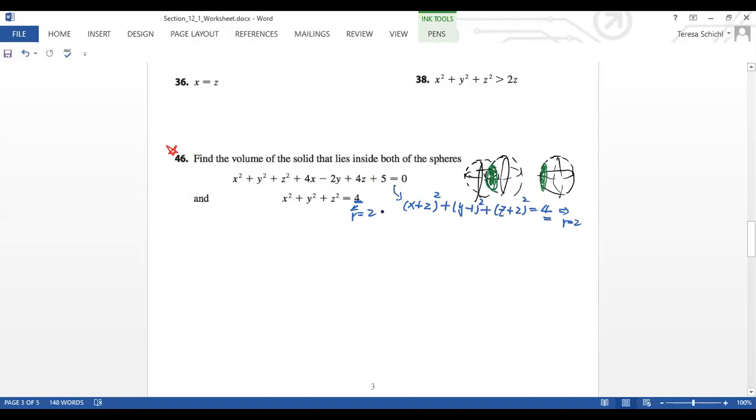Now I want to note one thing. When we talk about the distance between the two spheres, it's equal to the distance between the two centers.